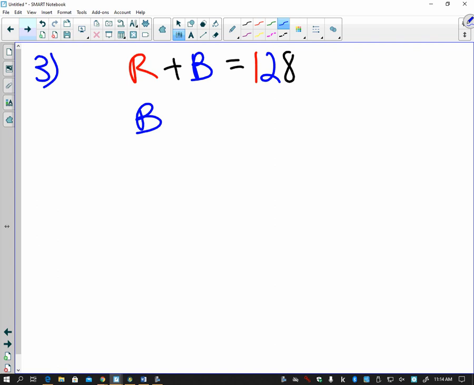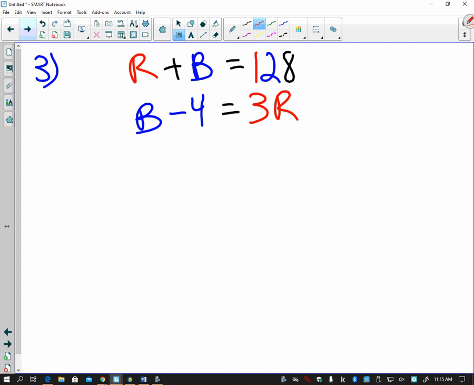Blue is 4 too much. So what do I need to do? Subtract 4 so that I can get a balanced equation. Now, what is on the other side? 3R. It exceeds 3 times the number of red cars. So 3R. How many of each car are in the parking lot?